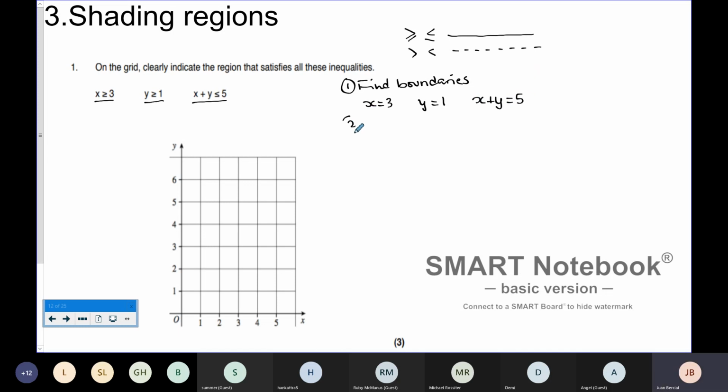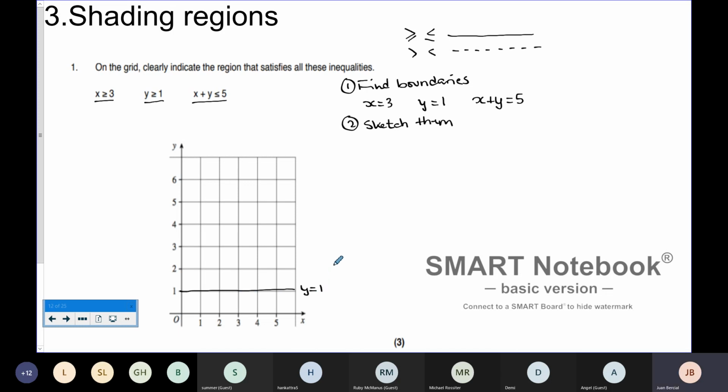Okay, we then sketch them. Sketch the boundaries. So obviously we can do that very easily now because we've seen that y equals 1 is always 1, so it's a horizontal line there. So this is y equal 1.